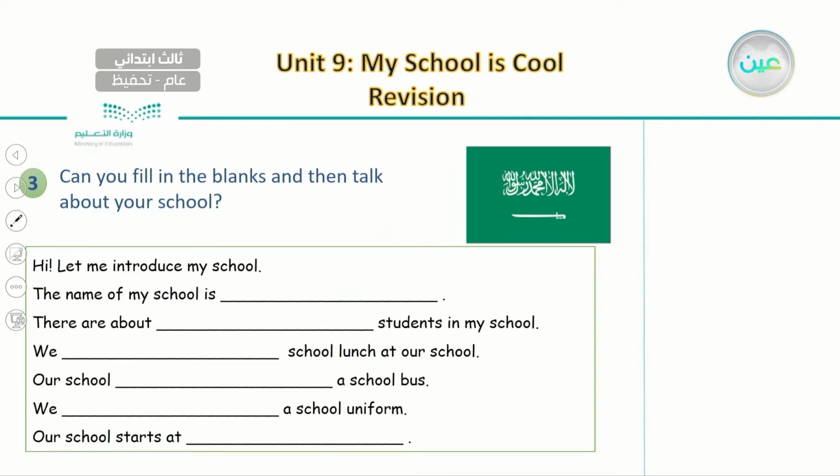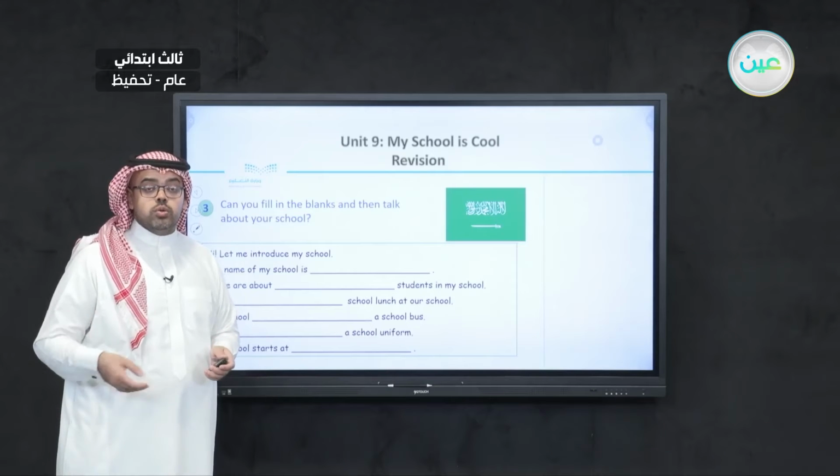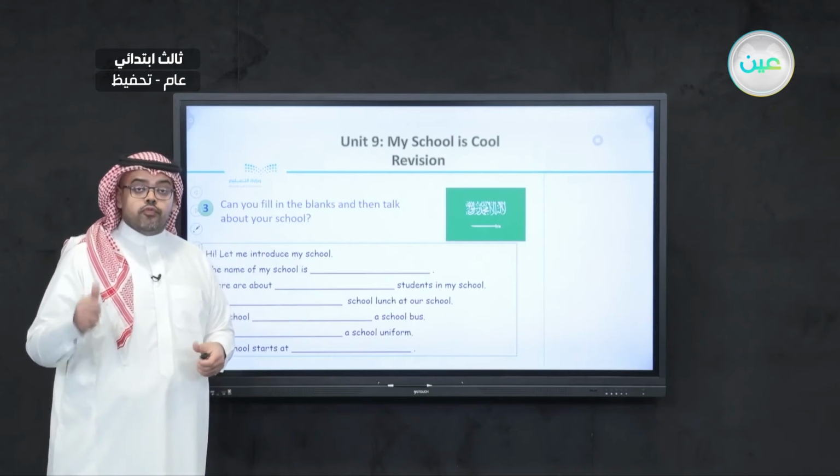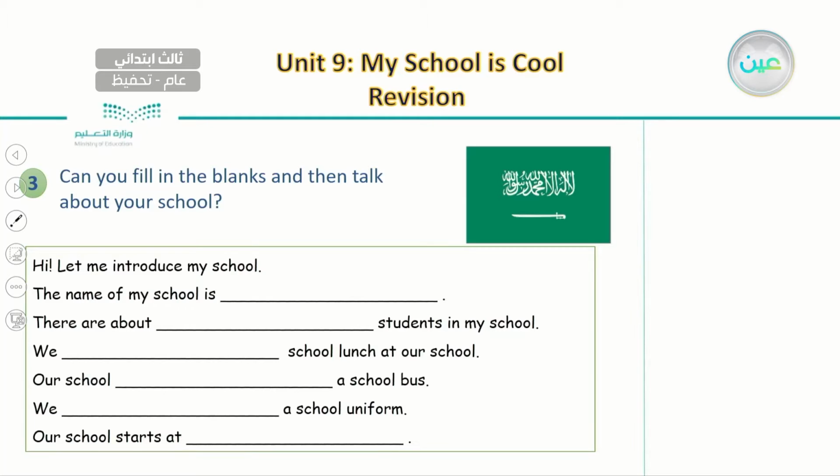In this exercise, we are supposed to write down the information about our school. First, we need to write the name of our school. My name of school is, for example, Riyadh School. And here I write the number of students. There are about 500 students in my school.